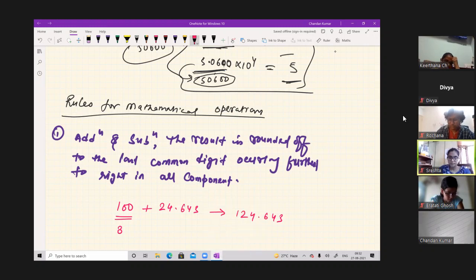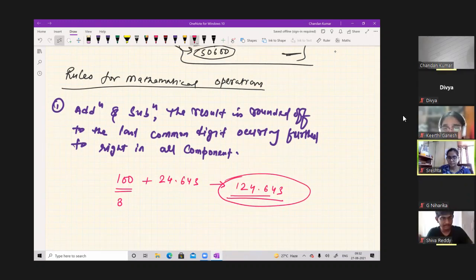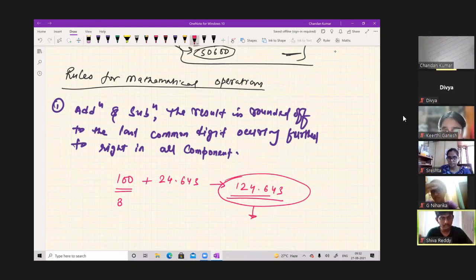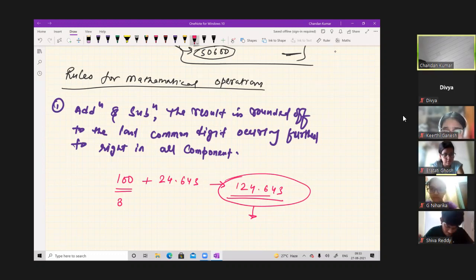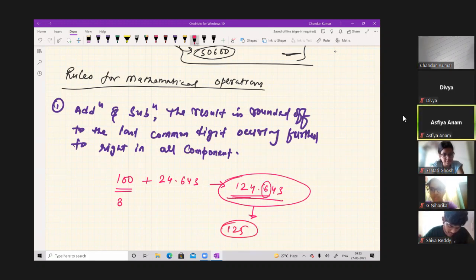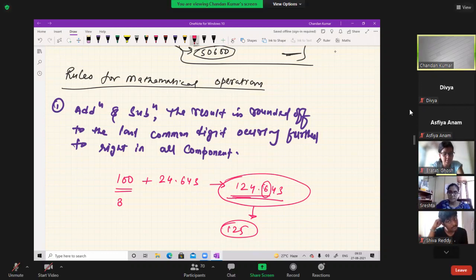How many significant figures are there? 6. Round it off to 3. 124.6, so when we round to 3 significant figures, it will become 125. It's greater than 0.5 now.